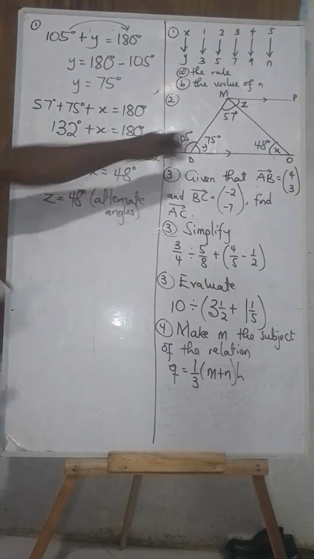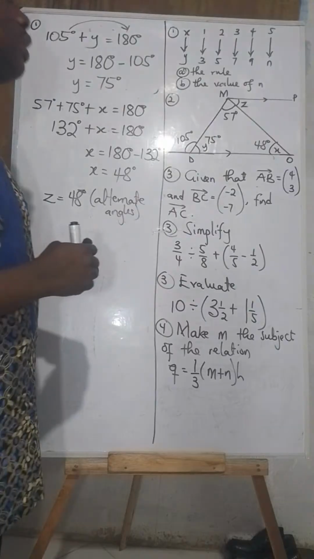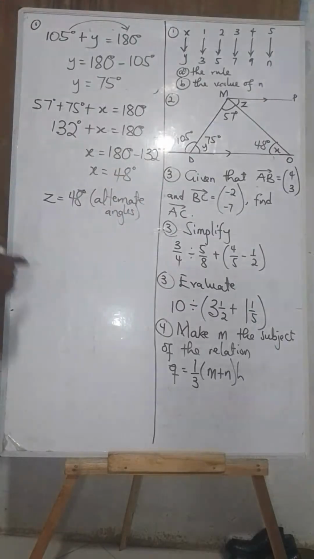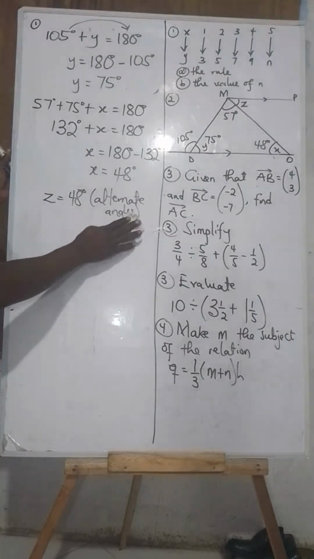Alternate angles. So this angle, the 48, is the same as the z, and that is alternate angles there. Very simple, right? If you get this one, I want to move to the vectors, then fractions, change of subjects.